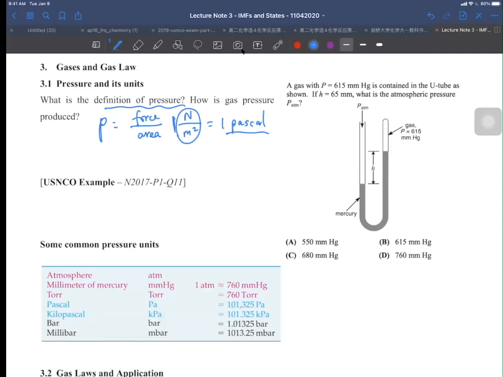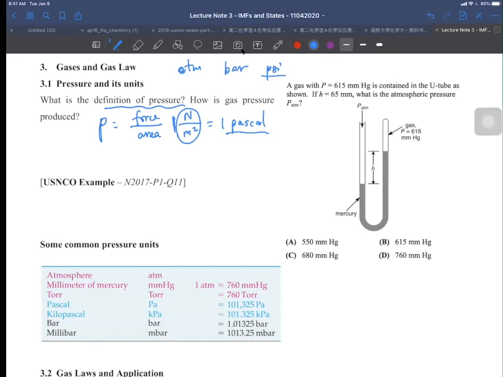Although in America, we use so many different pressure units, right? Let me list a few. Probably you heard about some of them, might not be all of them. ATM, right? 1 ATM, 2 ATM. Bar, right? PSI, right?